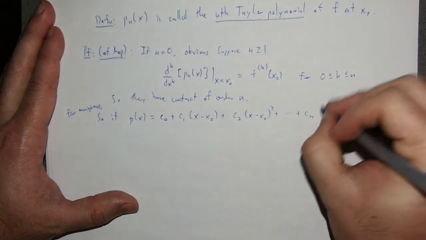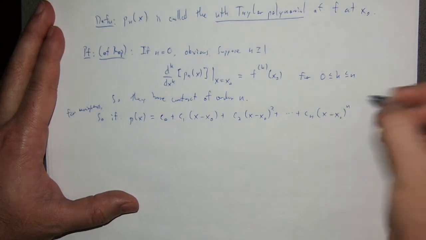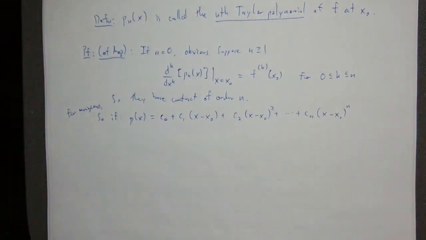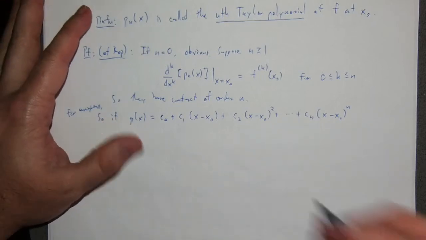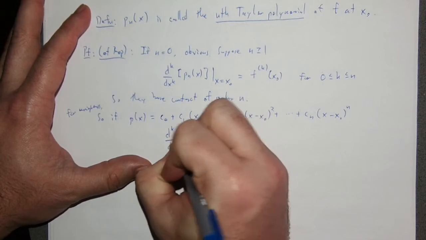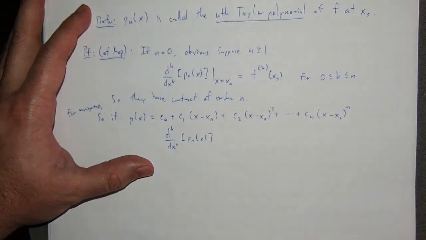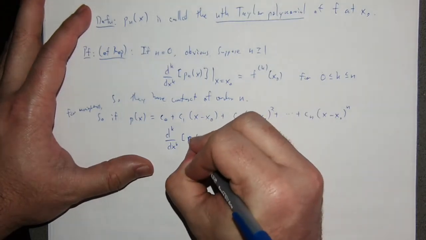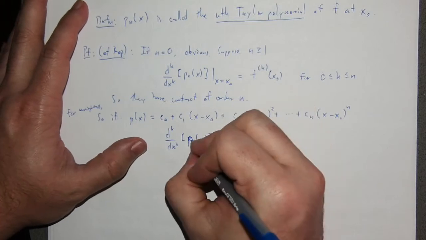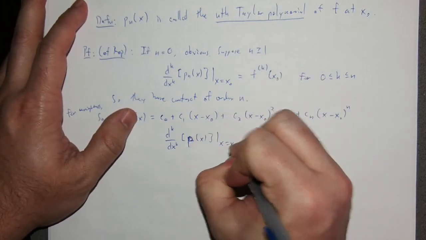So this is just a polynomial of degree n here. Then again, using the same differentiation of powers formula, the kth derivative of the polynomial p of x here, evaluated at x equals x naught, what is that?